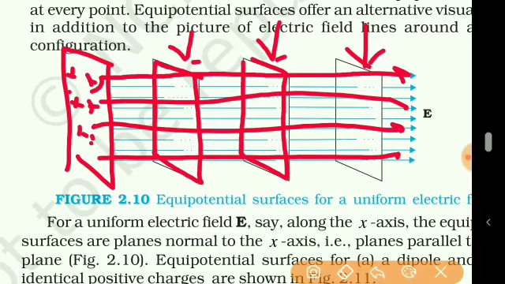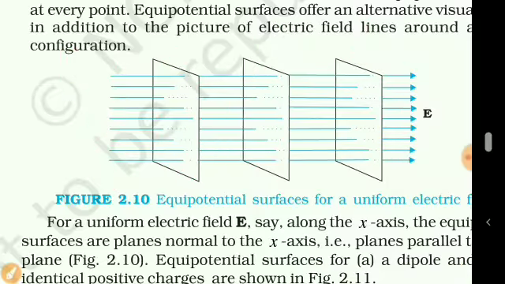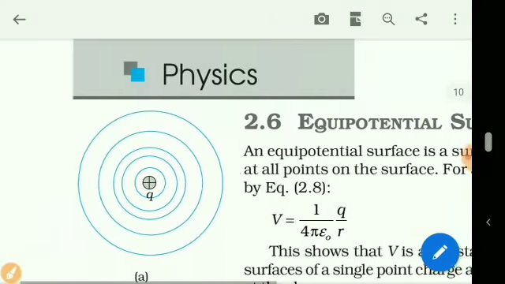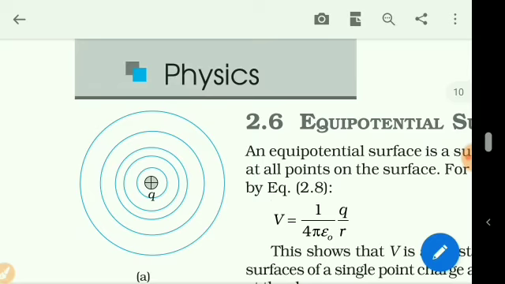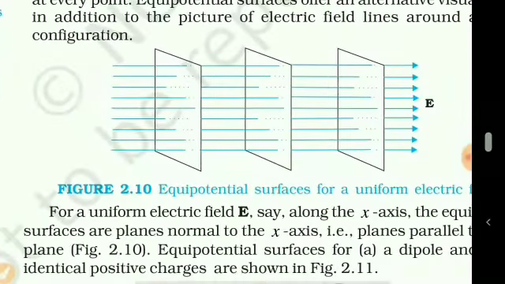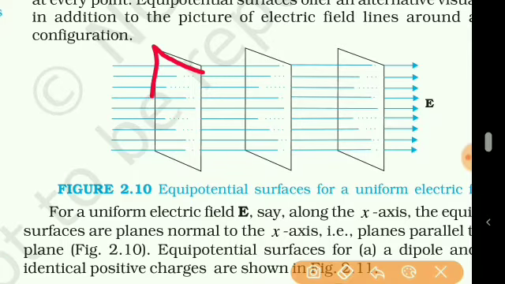Earlier we have seen for a point charge, the equipotential surface was spherical in nature. Here you can see it is spherical, but for this type of situation the equipotential surface is a plane surface.